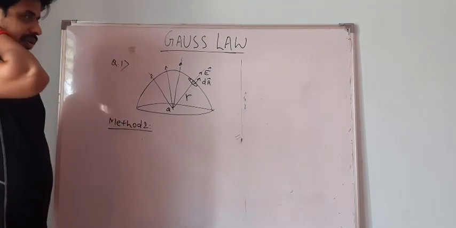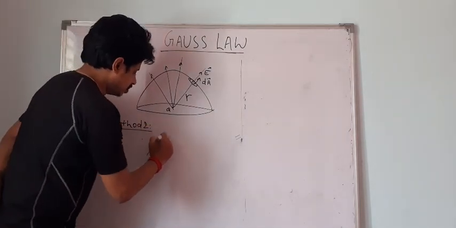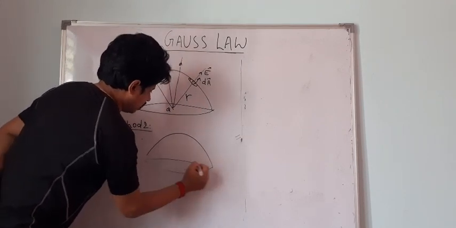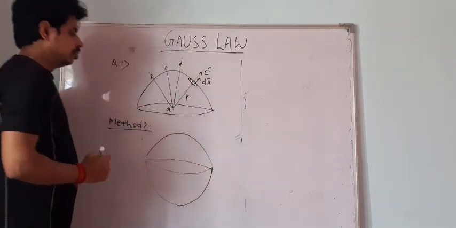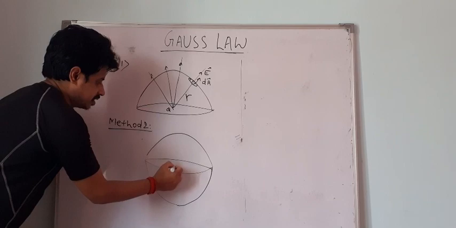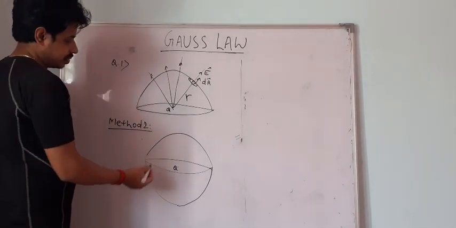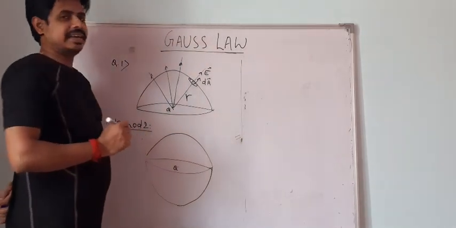So do one thing, make it closed symmetrically. I will close it by constructing the lower half also. So there are two halves, upper and lower, and the charge is exactly at its center.